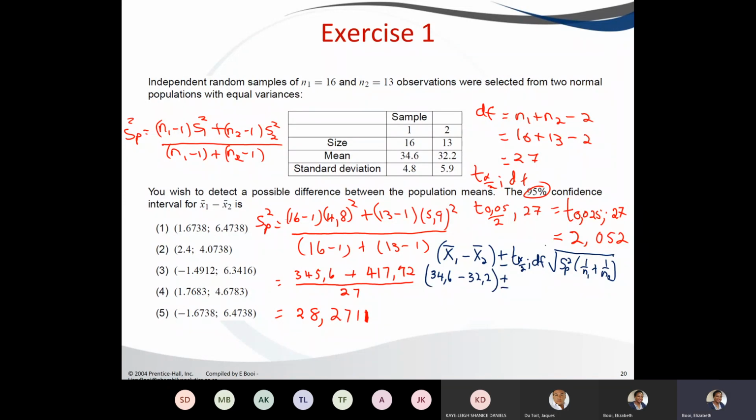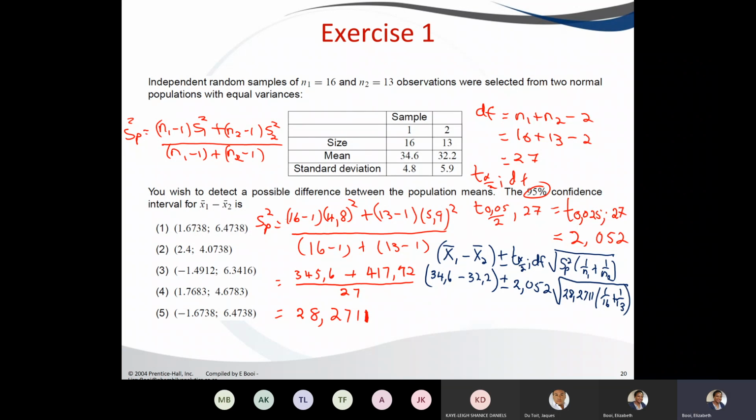Plus or minus our critical value. Remember, the critical value was 2,052, times the standard error, which gives us the pooled variance, which is 28,2711 times 1 over 16 plus 1 over 13.